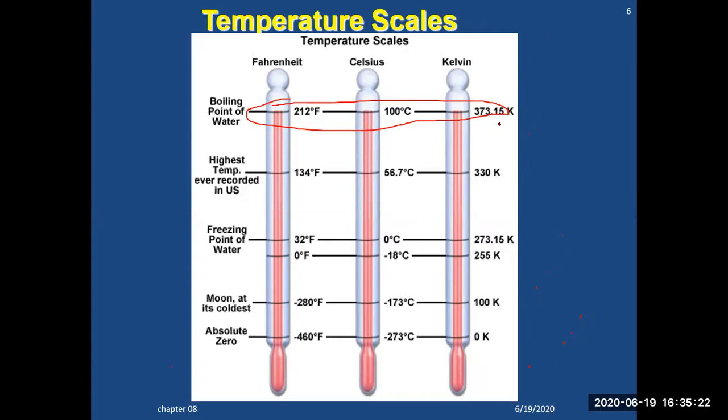This is 373 in case of Kelvin. And the lower fixed point is 0 Kelvin, minus 273 in Celsius, and minus 460 degrees Fahrenheit. So these are the comparisons of different temperature scales with one another.